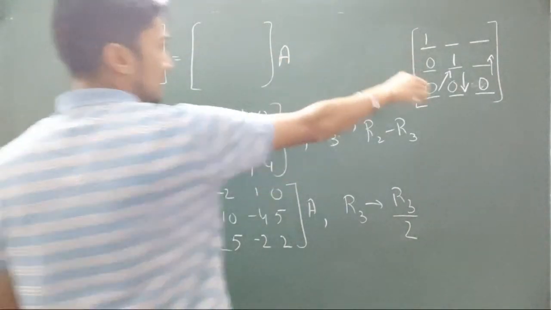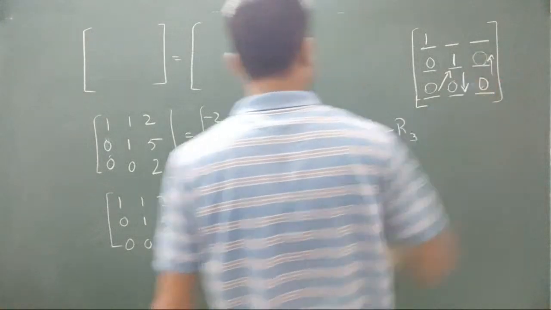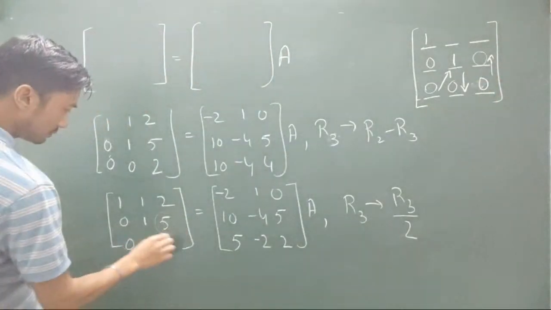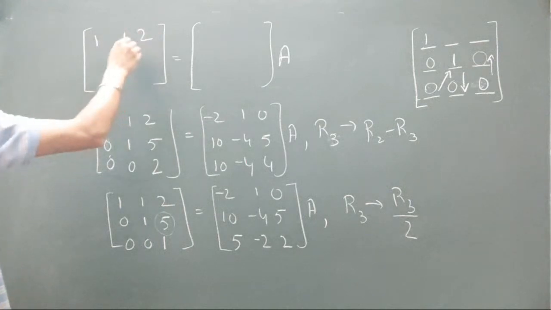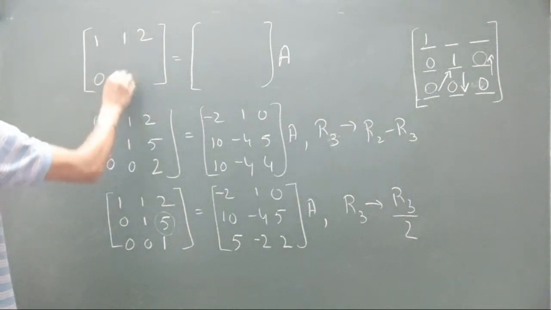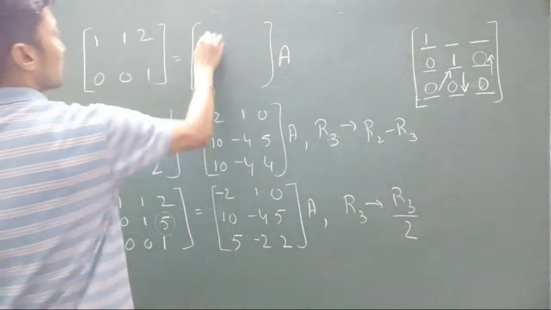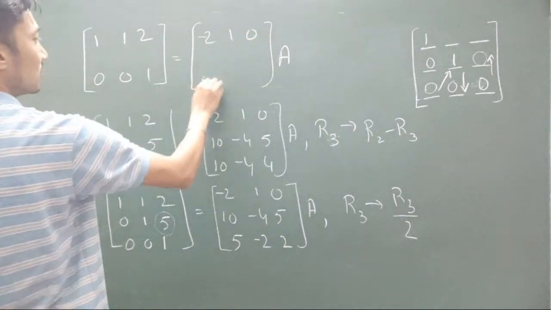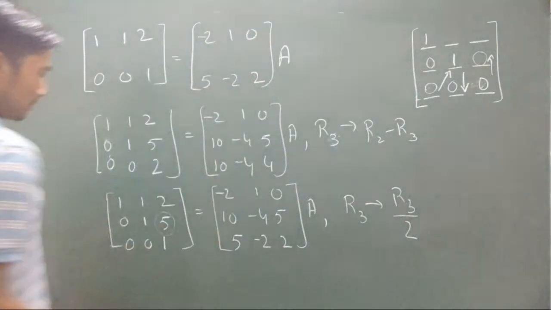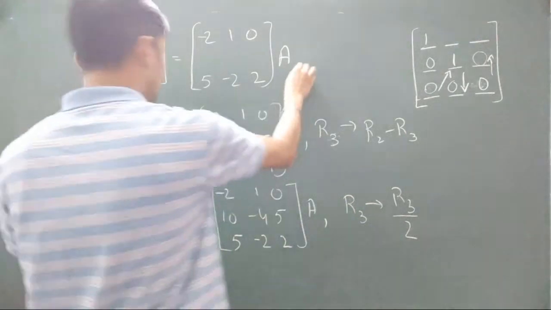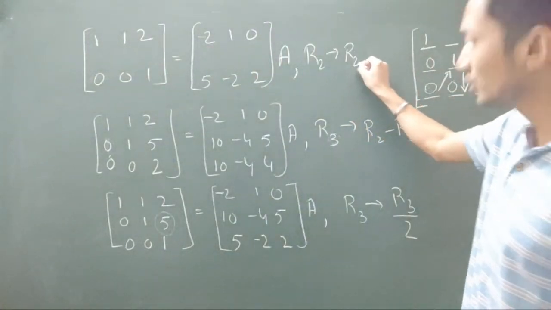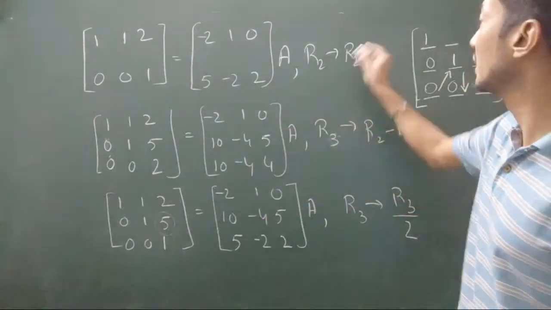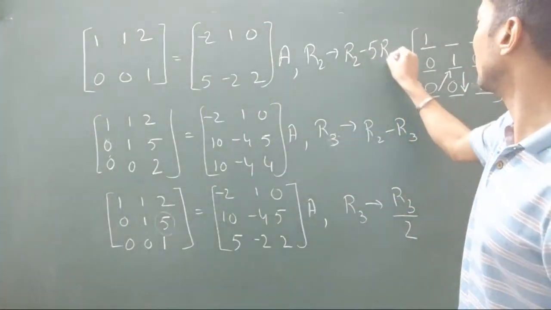So next, this one is to be 0. The other rows, I'll write as they are. This can be easily turned to 0 because I can just write R2 without changing the other values as R2 minus 5 times of R3.